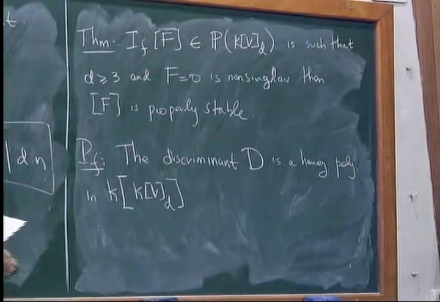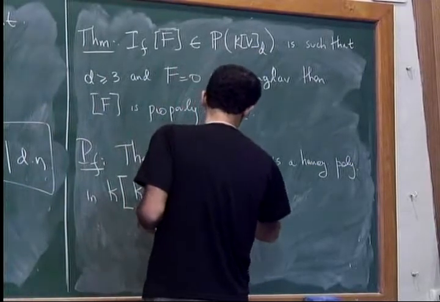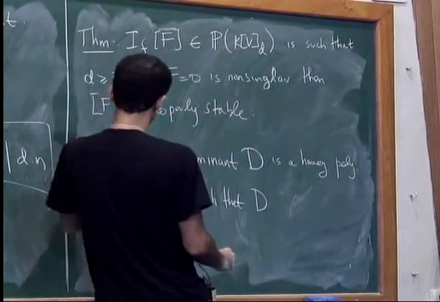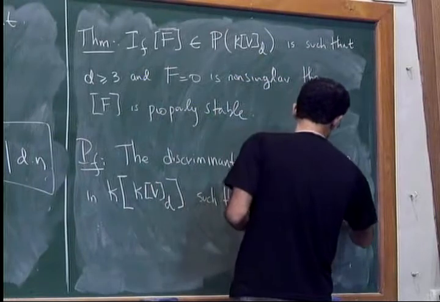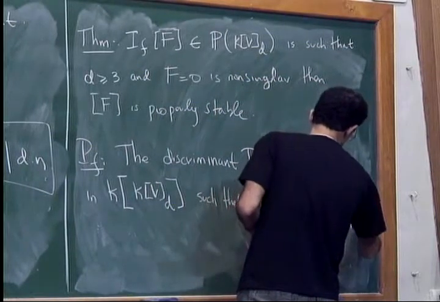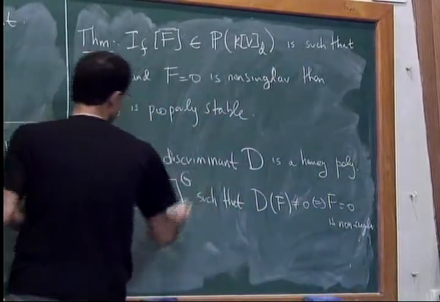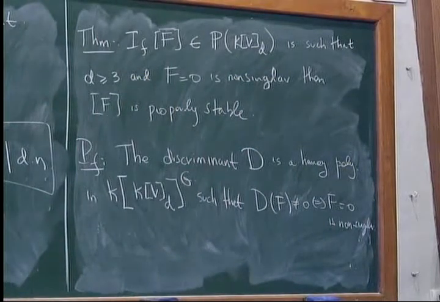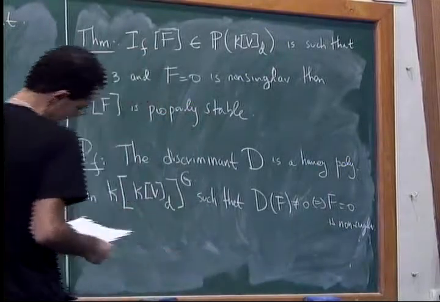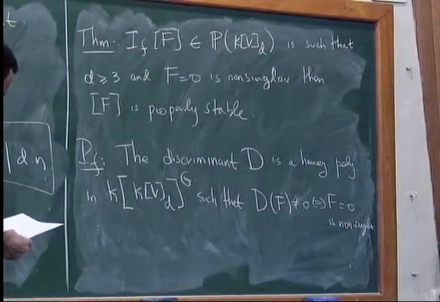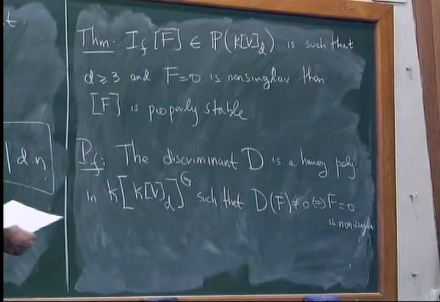So you have a homogeneous polynomial whose degree depends on d, such that D evaluated on f is non-zero if and only if f equals 0 is non-singular. And it's actually an invariant here. If I have time, but I don't think I will, I'll explain how this polynomial is obtained. But it's the so-called discriminant. It's a classical object, and it characterizes when f is non-singular.